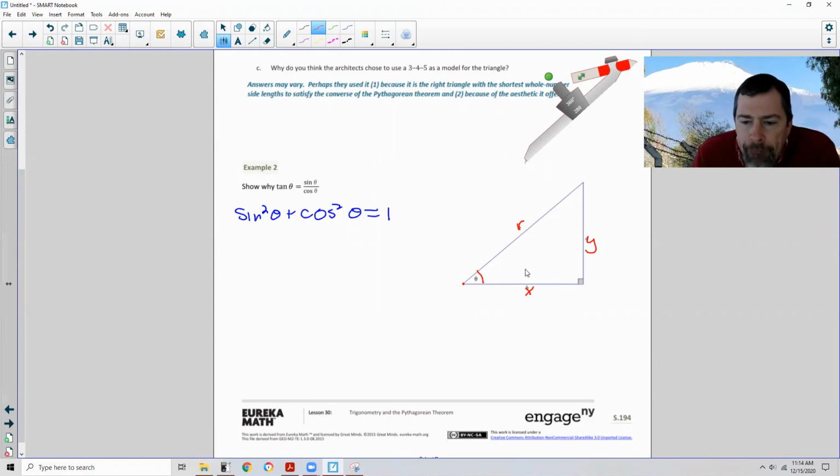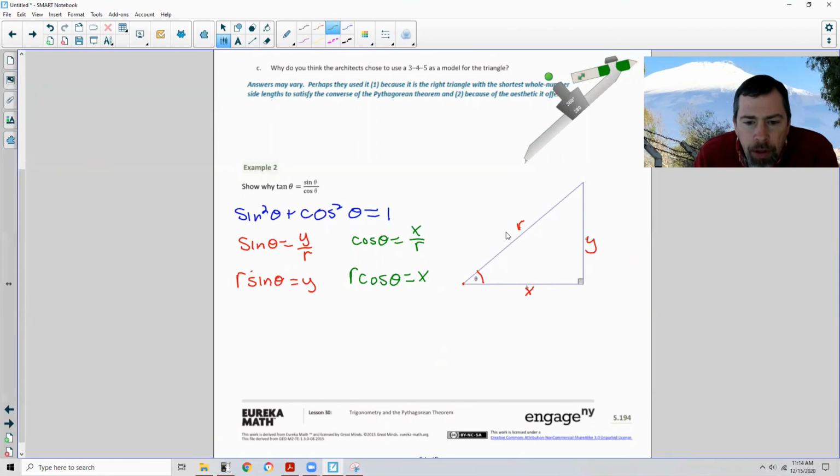So if I ask for sine, I'd say sine of theta equals opposite over hypotenuse, which is Y over R. And if I wanted to solve for Y, I'd multiply both sides by R, so I'd get R sine theta equals Y. And then if I said cosine of theta, well, that would be adjacent, which is X over hypotenuse R. And to solve for X, I'd multiply both sides by R, and I'd get R times the cosine of theta equals X.